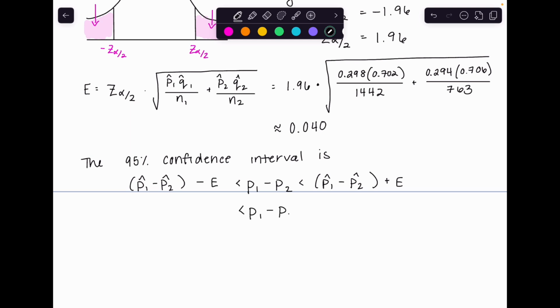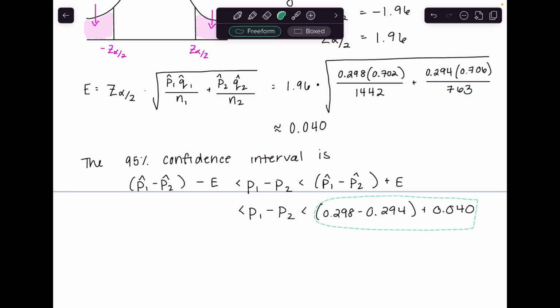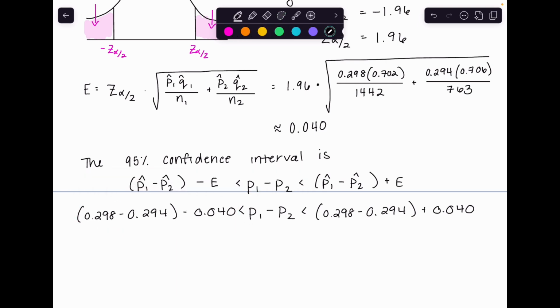So our true difference in proportions is, starting with the first one, 0.298 minus 0.294 plus the error, which is 0.040. And then really on the opposite end, you do the same thing, but instead of adding the error, you subtract it. So the difference between our sample proportions is really going to be 0.004.